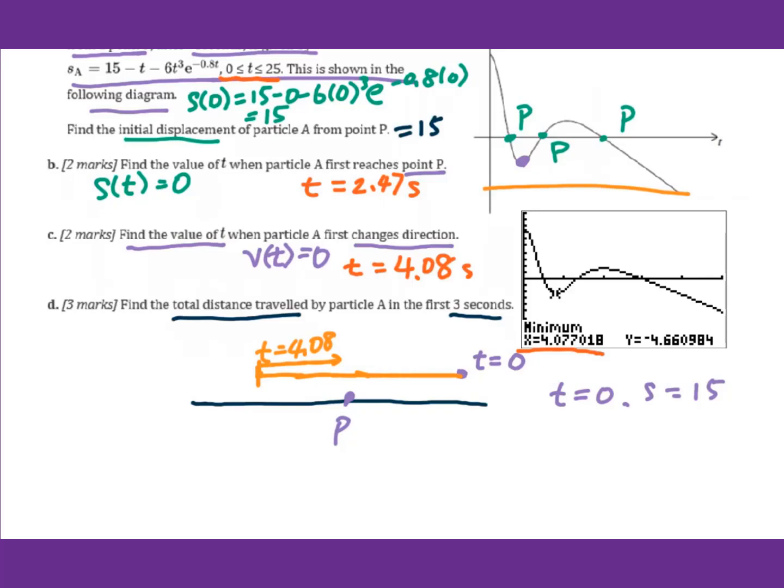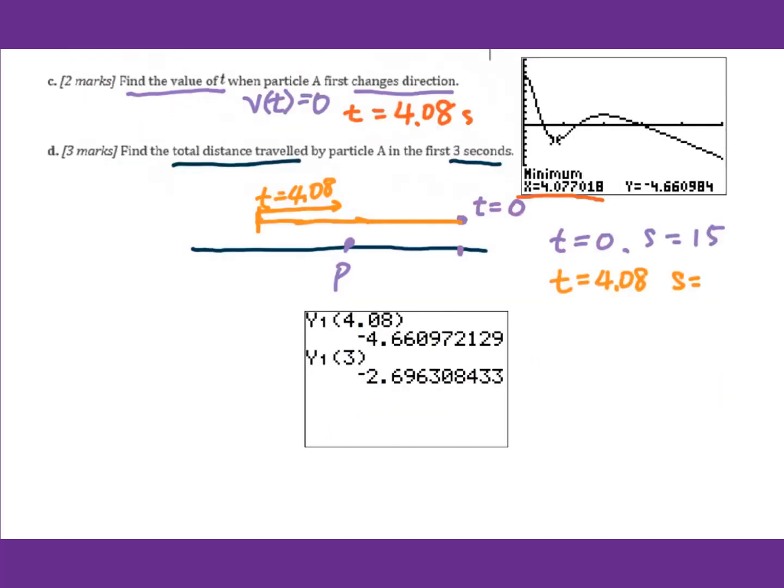First of all, we need to figure out what s equals when t equals 4.08. Put into the calculator, we got s of 4.08 equals negative 4.66. When t equals 3, the displacement will be negative 2.70. We can label on this motion diagram.